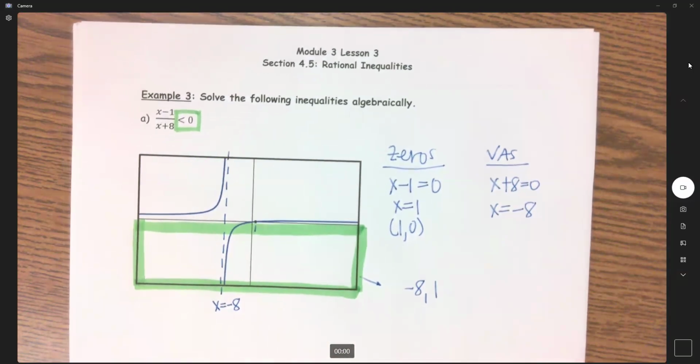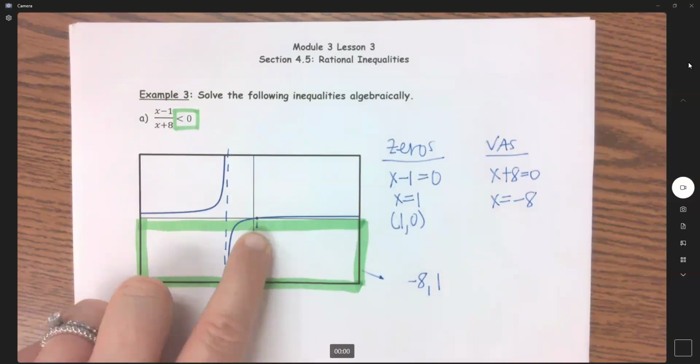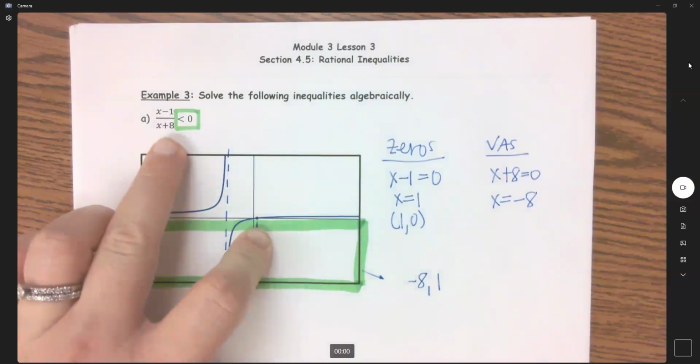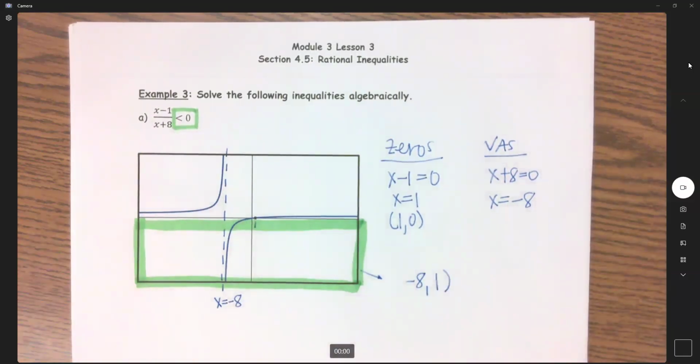Okay, and so the question is brackets or parentheses. Well, the x-intercept's easy because it's less than 0 and not less than or equal to. We know that 1 is not included, so that's a parenthesis.